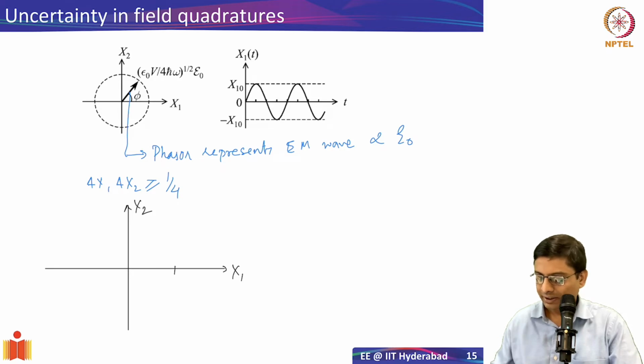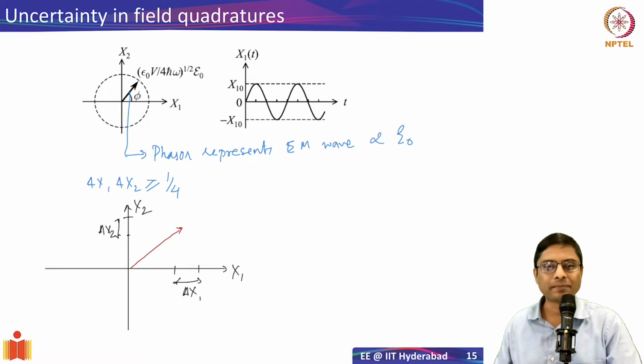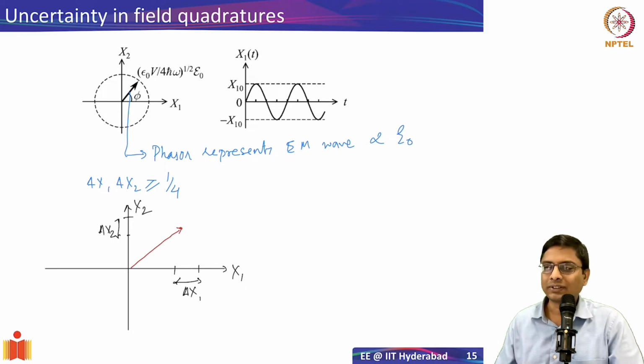Now there is a certain uncertainty in x1 that I'll call delta x1, and similarly there is an uncertainty in x2 that I'll call delta x2. And in between both of them I have this point which represents my field. This phasor represents my field. Now what this is telling us is, let's say the uncertainties are equal.